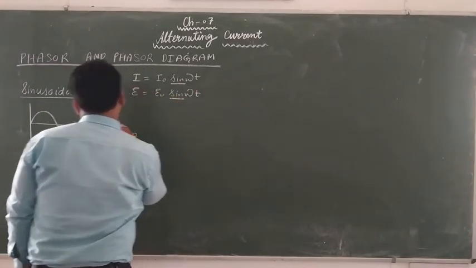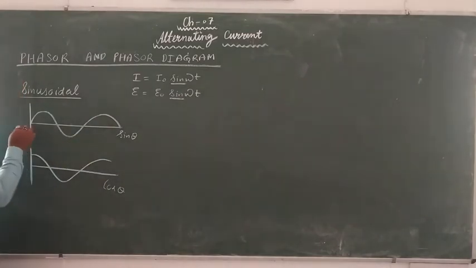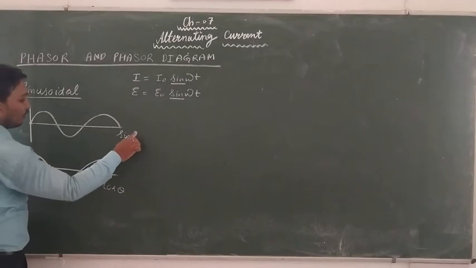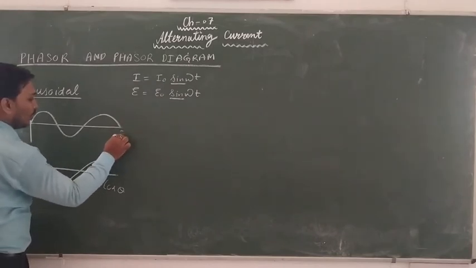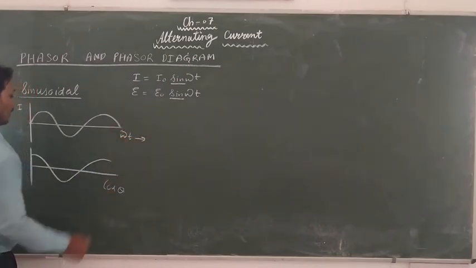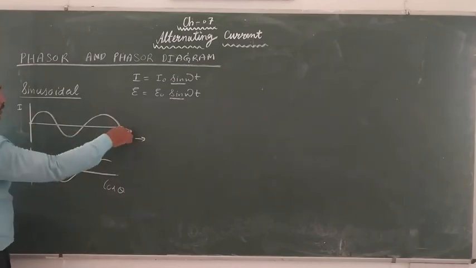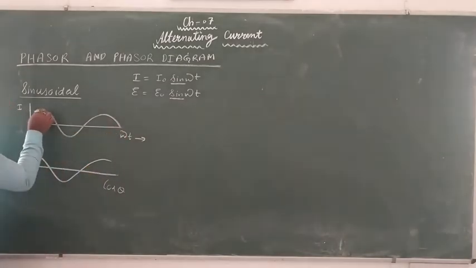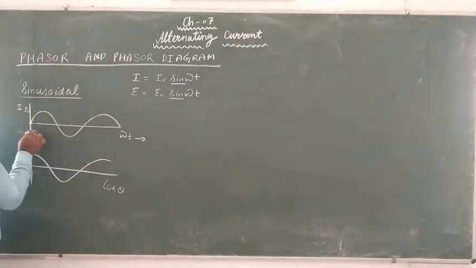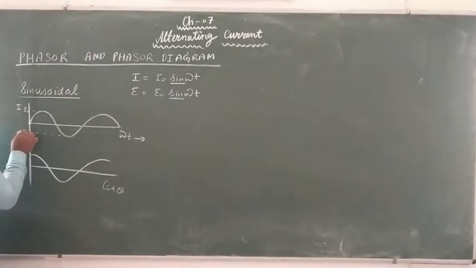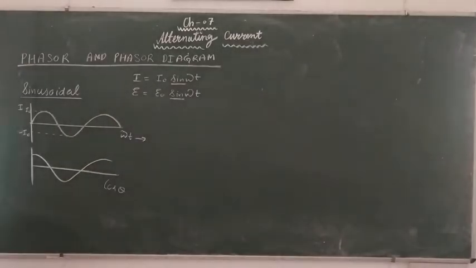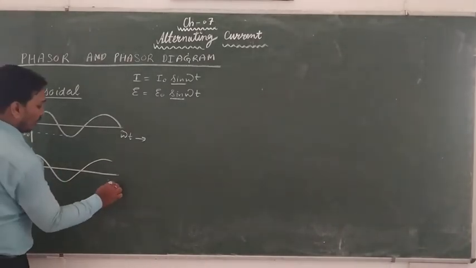When we present these quantities on a graph, this is the graph of I naught sine omega t. This value corresponds to I naught, and this value corresponds to minus I naught, and here is omega t.